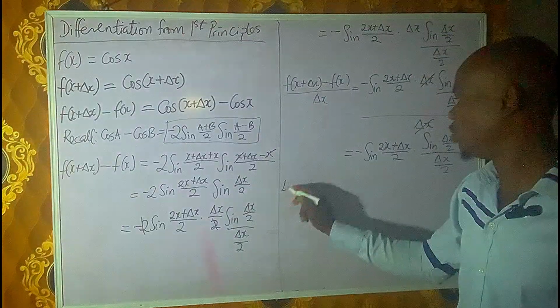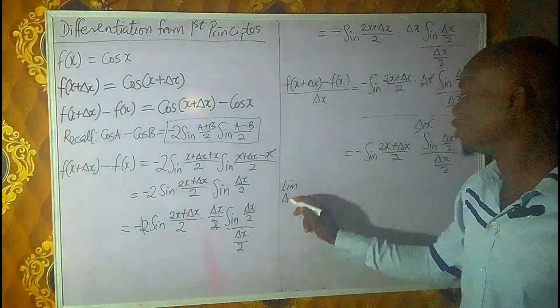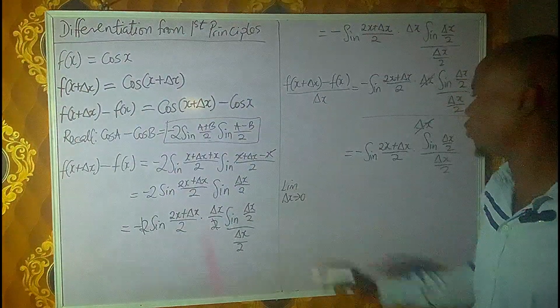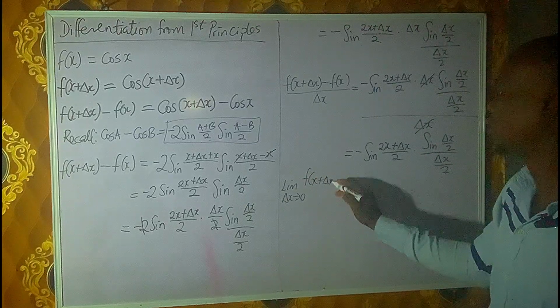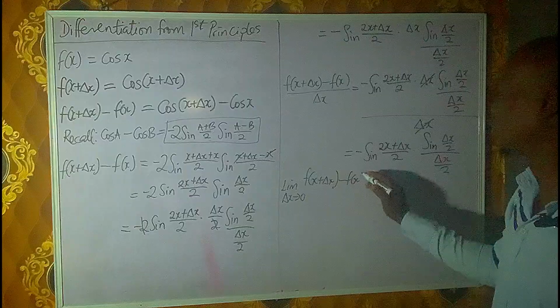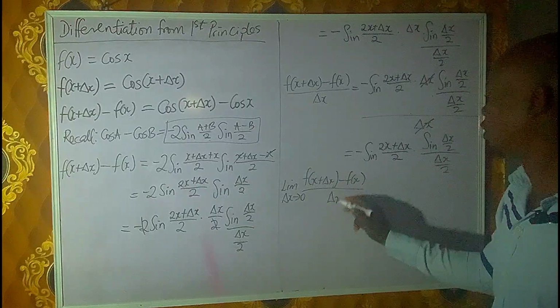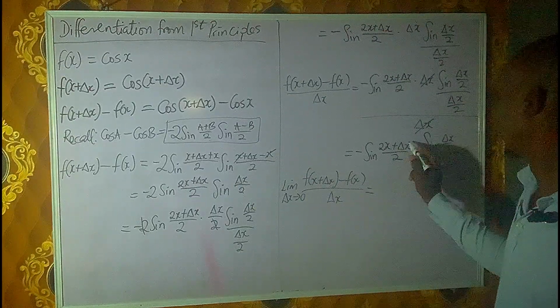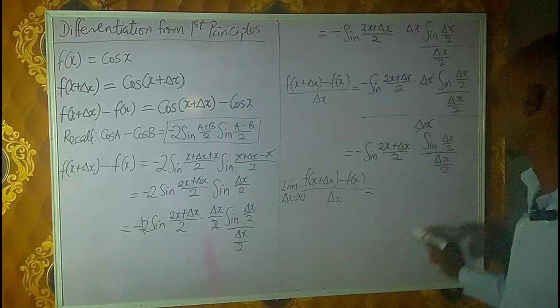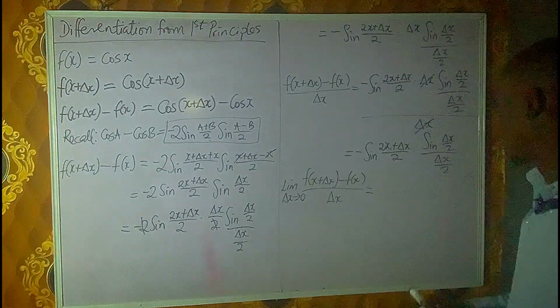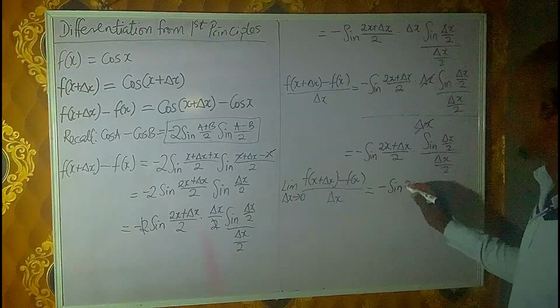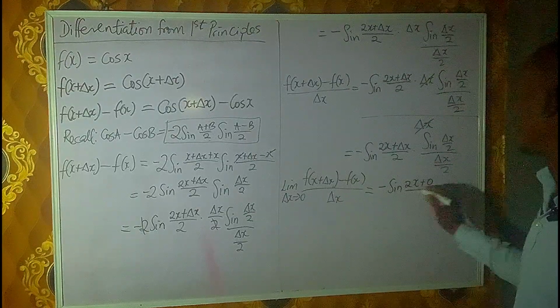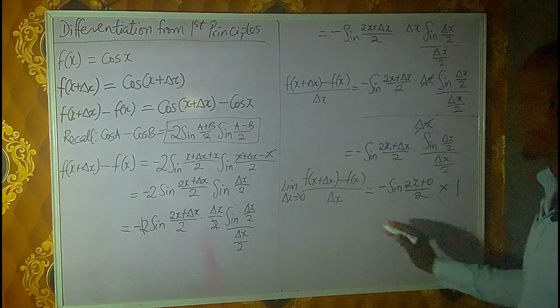So this will be the limit as delta x tends to 0 of [f of x plus change in x minus f of x] all over change in x, which will now be equal to, anywhere I see delta x here, I have 0, and this is 1. So this is minus sine of (2x plus 0) over 2 times 1.